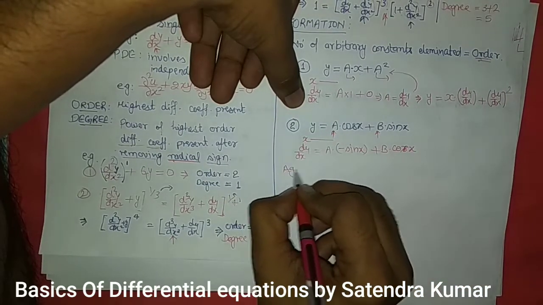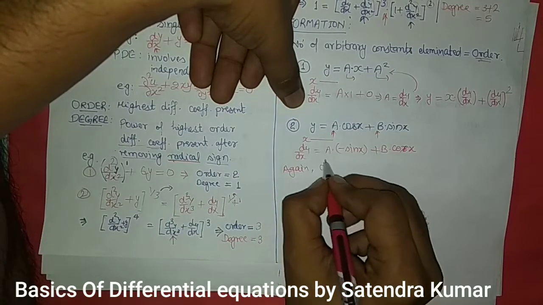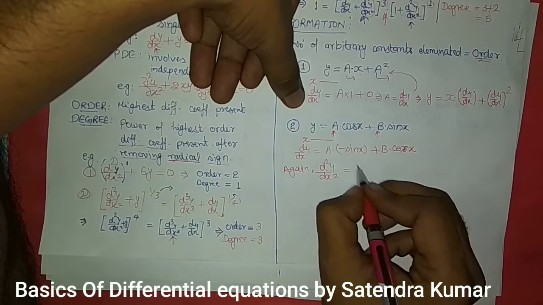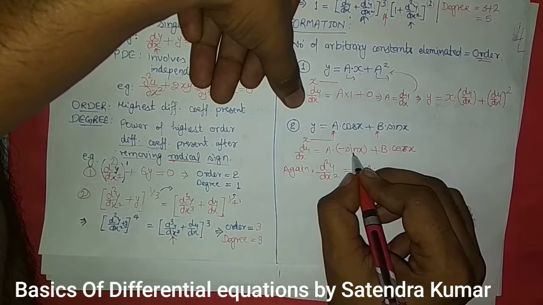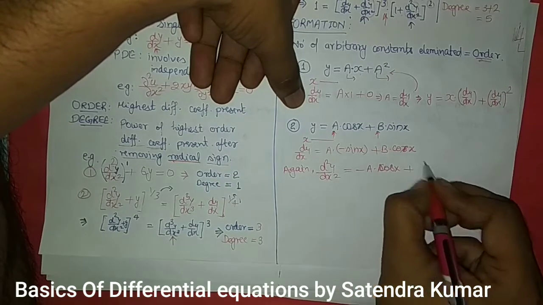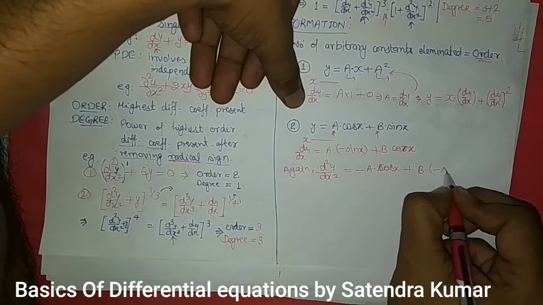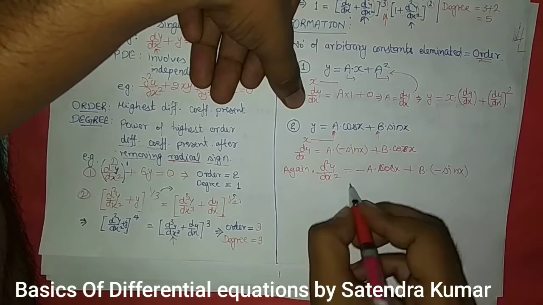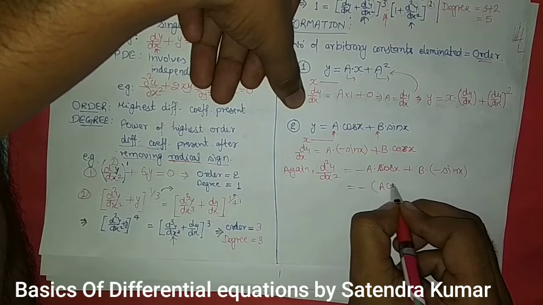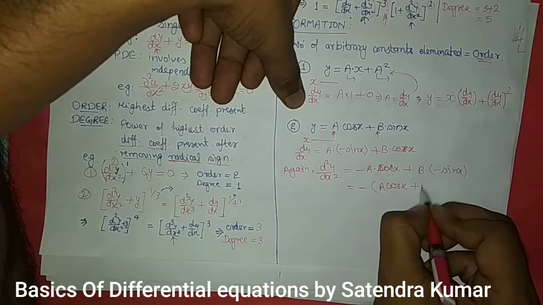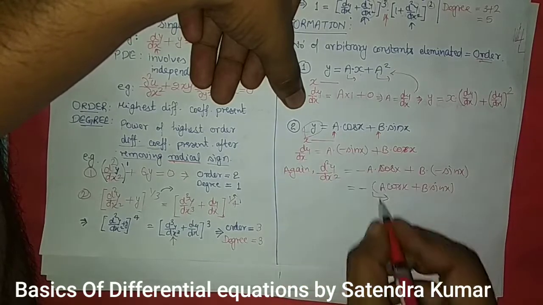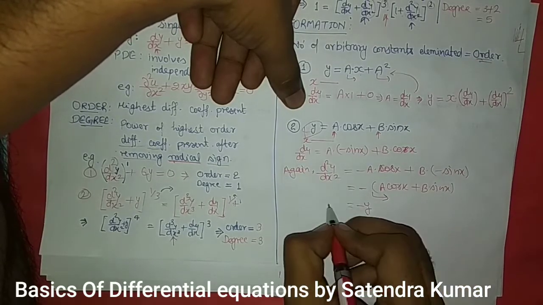Again differentiate the given equation, so d²y/dx² is equal to minus a cos x minus b sin x. If we take minus common, we get minus (a cos x plus b sin x), and this is the given equation y, so it will be minus y.